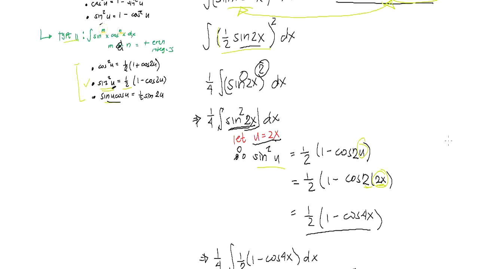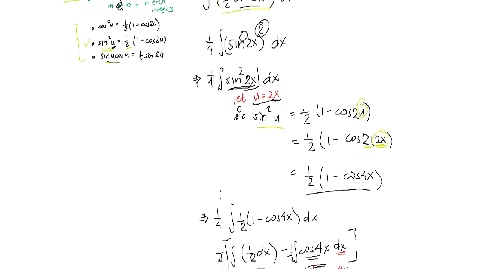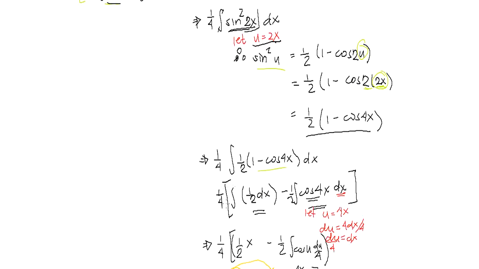Then we distribute the 1/2 and dx term by term, and we come up with 1/2 dx minus 1/2 cosine 4x dx. We let u equal 4x. The derivative is 4 dx, and we divide both sides by 4 because we only need dx. That's why dx is equal to du over 4.